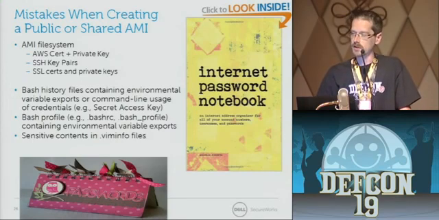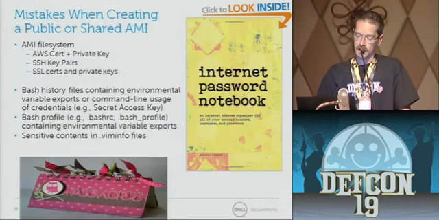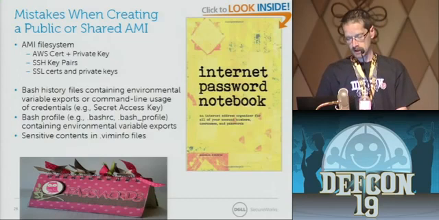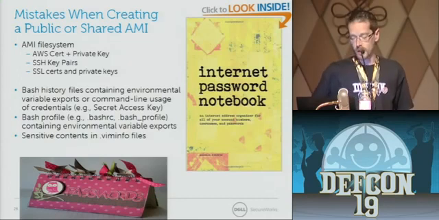You might have SSL certificates and private keys on the image. You need to be conscious as a publisher of an image of what you're putting out there, because once it's public, it is truly public, and anybody can access these images and search for these sorts of credential materials, and that's essentially what we've done.